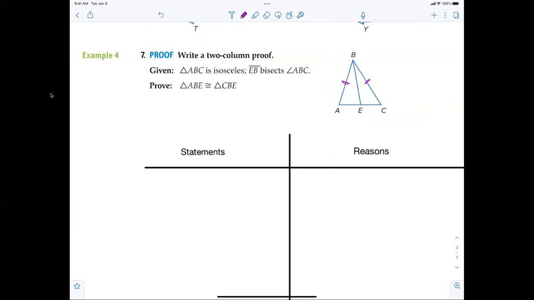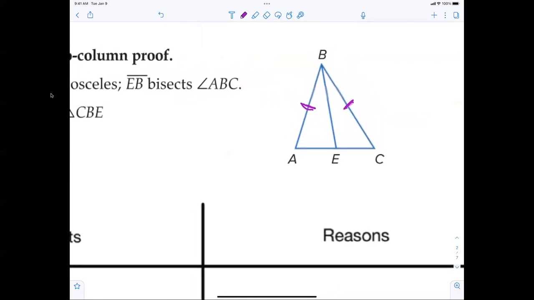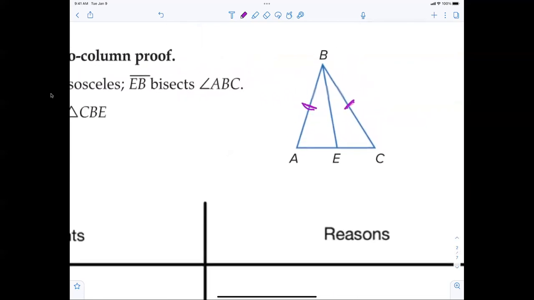Everybody in here, take the time now. EB bisects ABC. I want everybody right now to mark the figure. If EB bisects ABC, everybody should be able to tell me what's true. Tell me, Sebastian. Yes, thank you, sir. That means these two angles are equal.